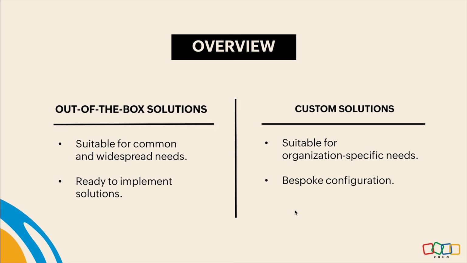For example, as part of the pre-built AI solutions in Zoho CRM, we have the lead scoring feature, which provides you with a probability score. And this probability score indicates the likelihood of a lead getting converted as your customer.